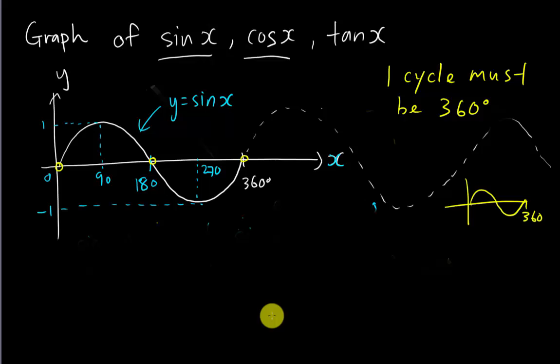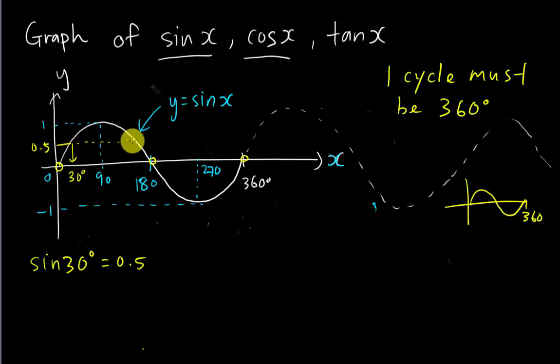How about 0.5? Whenever it is 0.5, over here you will touch at 30 degrees, because you know sine 30 is equal to 0.5. This is easy.